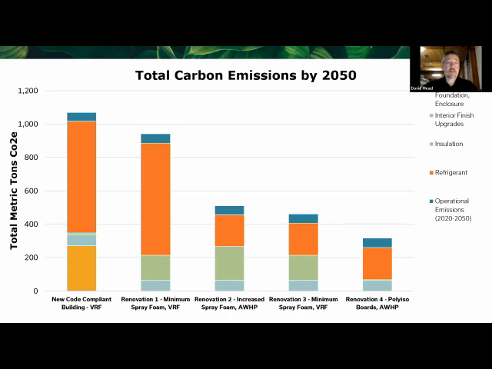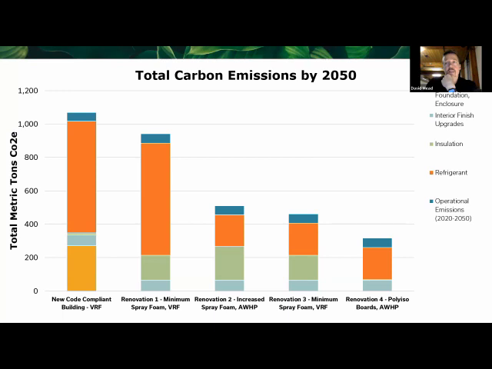And with that, there's a lot of site-built refrigerant lines. And site-built refrigerant lines are prone to much higher levels of leakage than systems built in factories. And due to that, refrigerant leakage can become a much bigger impact. So here, with a new code-compliant building, we're just assuming we bring that historic envelope up to the Seattle Energy Code, which is quite stringent.